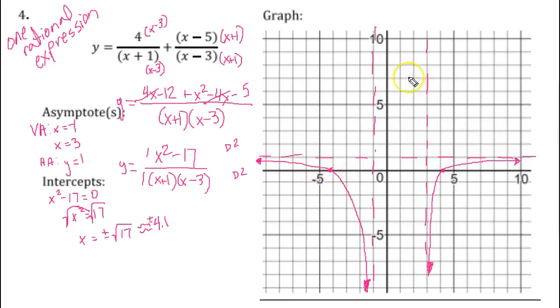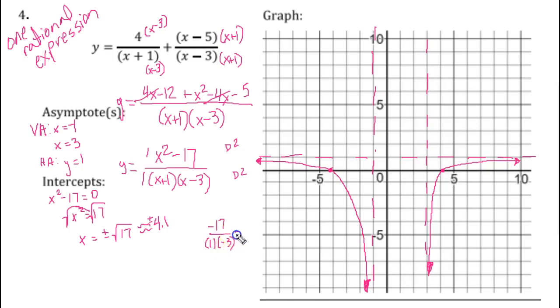We just need to figure out what's going on in this middle section, and the y-axis happens to be in that middle section. So a y-intercept should help us figure out which side of the graph we're on. When I have a y-intercept, we just want to substitute 0 in for x. So 0 would give me negative 17 in the numerator, and in the denominator, I'm going to have 1 times negative 3.